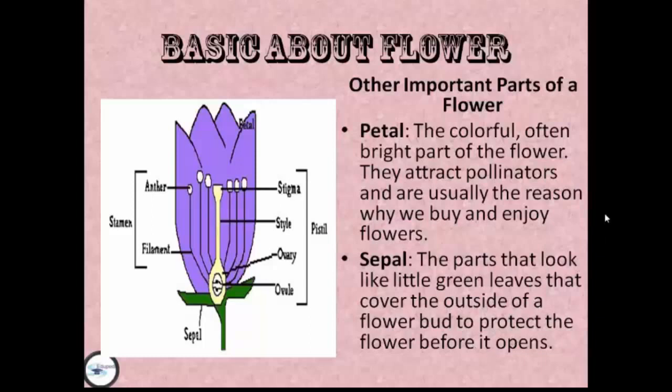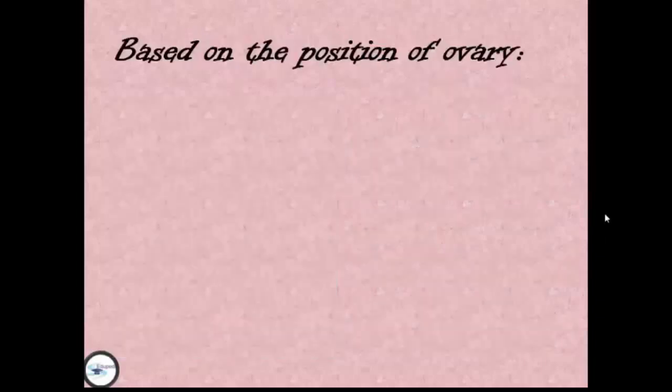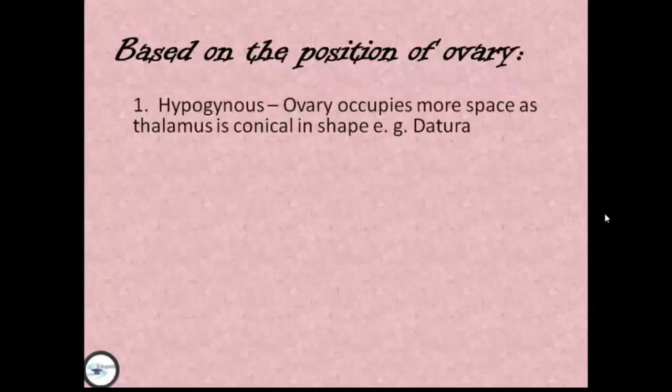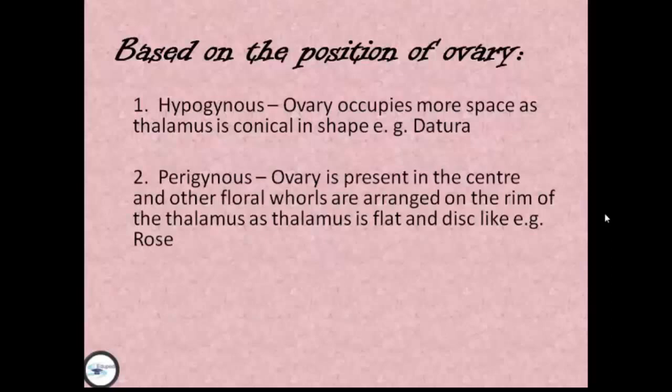Based on the position of the ovary, we have the hypogynous, in which the ovary occupies more space as the thalamus is conical in shape. Example, we have the thura. Second is perigynous, in which the ovary is present in the center and other floral whorls are arranged on the rim of the thalamus, as the thalamus is flat and disc-like.